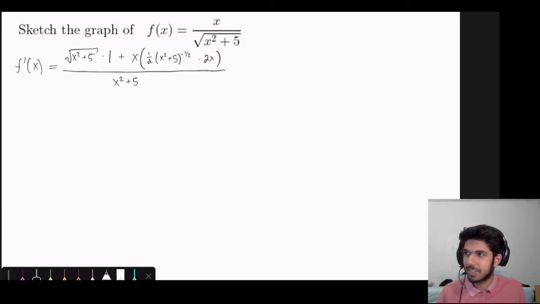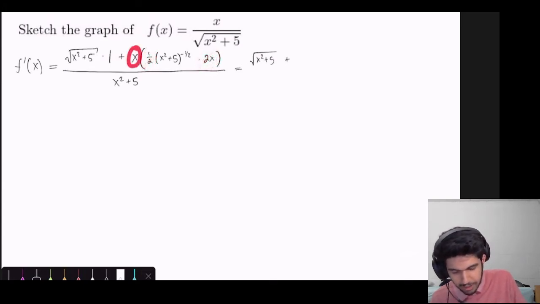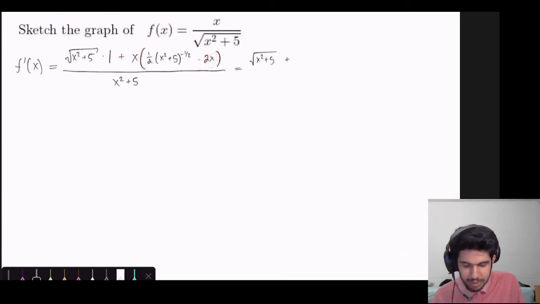So it's along the lines of this. You'll want to rationalize your denominator. Well, actually, let me just walk through this. It'll be helpful, I think. First term stays the same. Here, this 1/2 is being multiplied by the 2x, so those cancel. We have an x and an x, that becomes x squared.